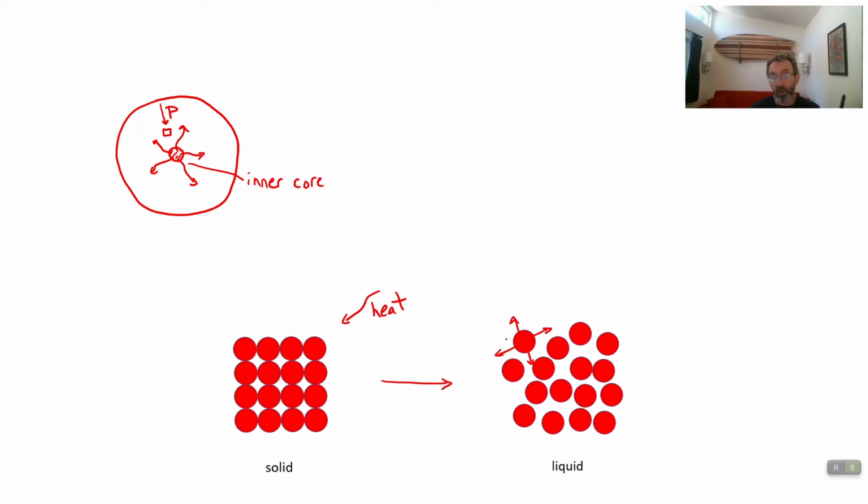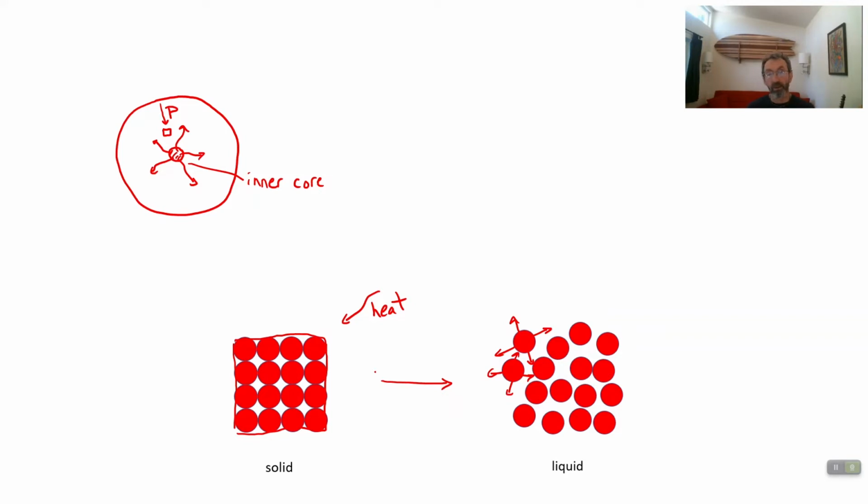So this molecule can move around in all these different directions. So can this one. And of course, this is one of the characteristics of a liquid, that it can take the shape of any container that you pour it in. Now, what you'll notice is that the solid takes up a relatively smaller volume than the liquid.